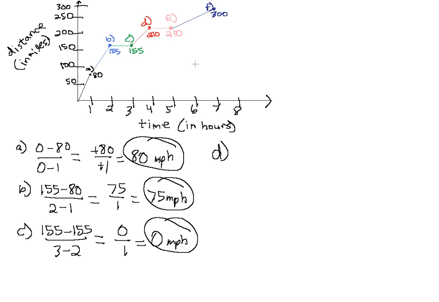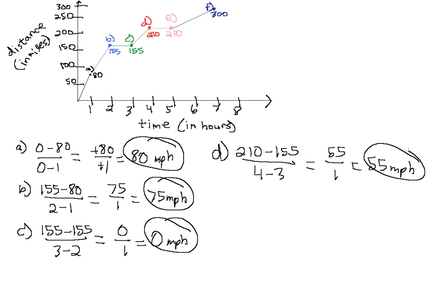Okay, let's find the red section, D. We have 210 minus 155, the change in y, divided by the change in x, 4 minus 3. And this will give us 55 divided by 1, or 55 miles per hour.